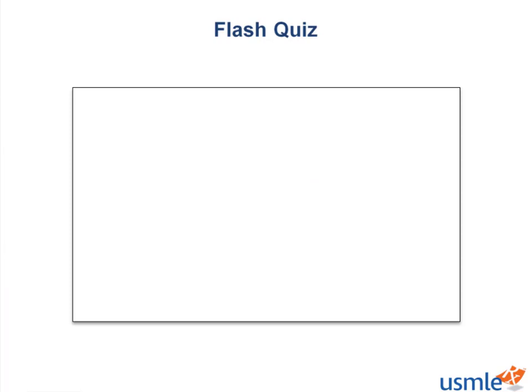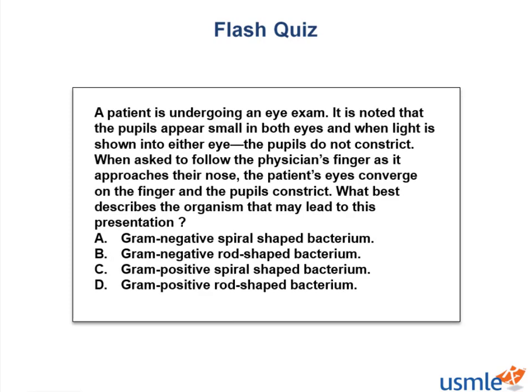Time for our flash quiz. The question reads that a patient is undergoing an eye exam. It is noted that the pupils appear small in both eyes, and when light is shown into either eye, the pupils do not constrict. When asked to follow the physician's finger as it approaches their nose, the patient's eyes converge on the finger and the pupils constrict.